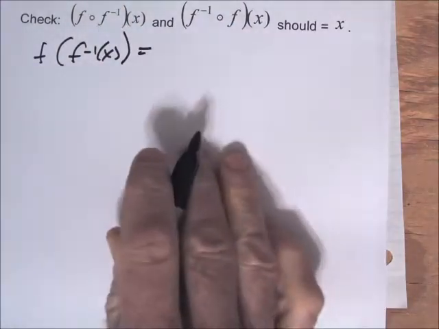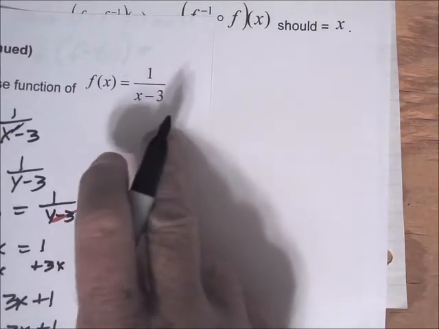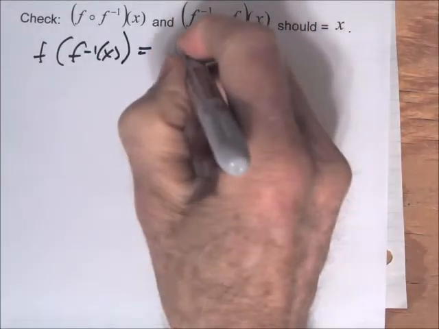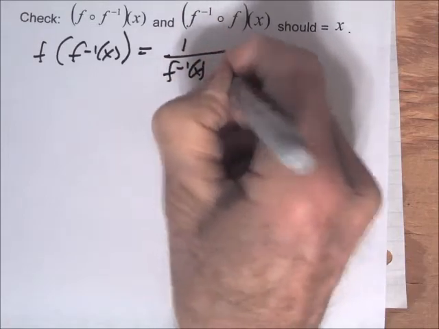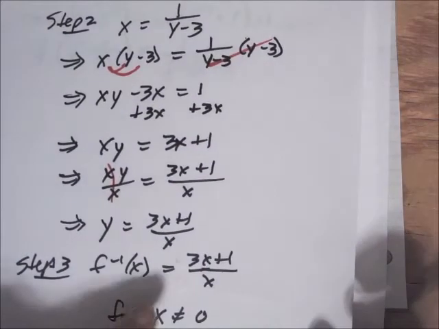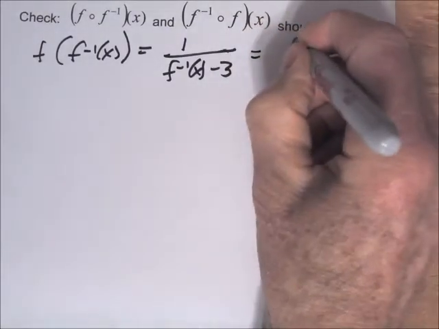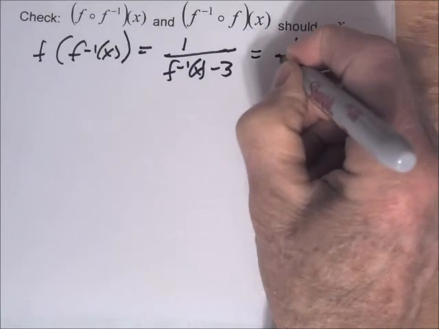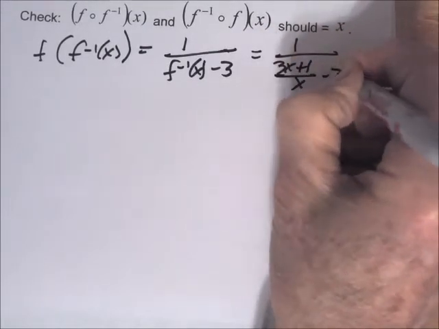In the formula for f of x, instead of x minus 3, we're going to write f inverse of x minus 3. So this is going to be 1 over f inverse of x minus 3. And then f inverse of x, we said, was 3x plus 1 over x. So we can make that substitution: 1 over 3x plus 1 over x minus 3.